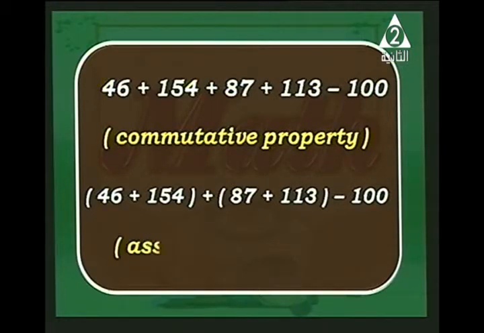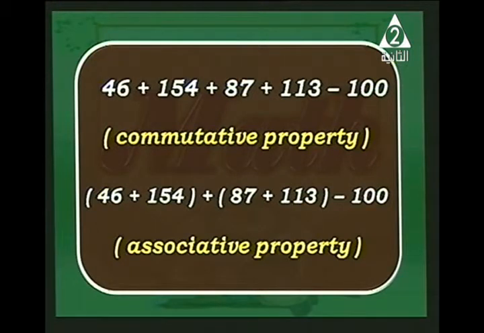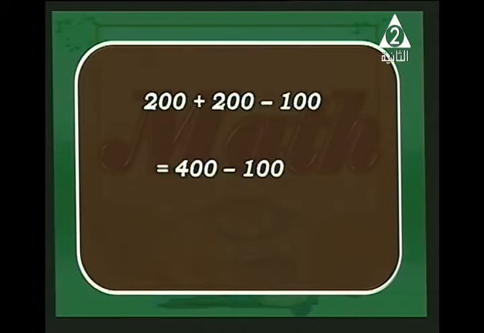And this is going to be the associative property. When you add the numbers between brackets, you are going to obtain 200 plus 200 minus 100. Then 400 minus 100, to obtain a result of 300.